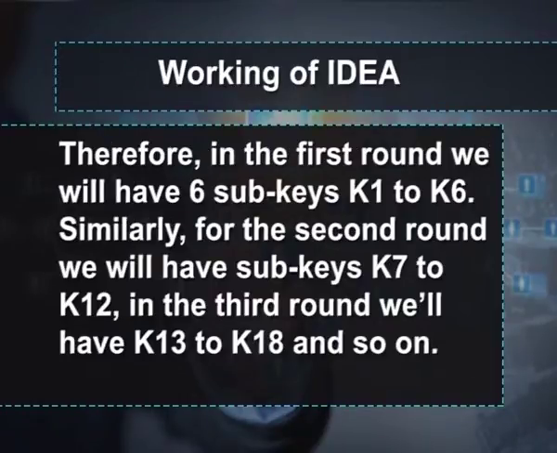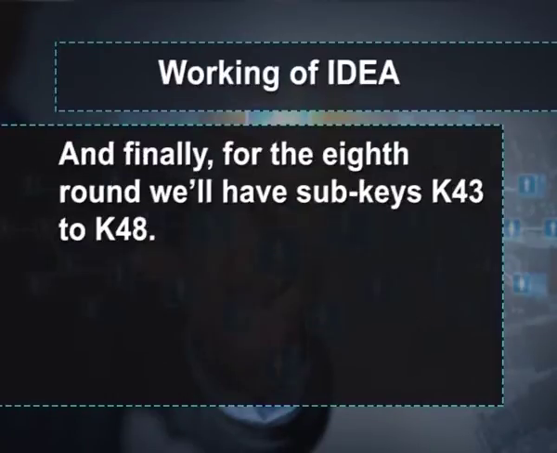Therefore, in the first round we will have 6 subkeys K1 to K6. Similarly, for the second round we will have subkeys K7 to K12. In the third round we will have K13 to K18 and so on. And finally, for the 8th round we will have subkeys K43 to K48.